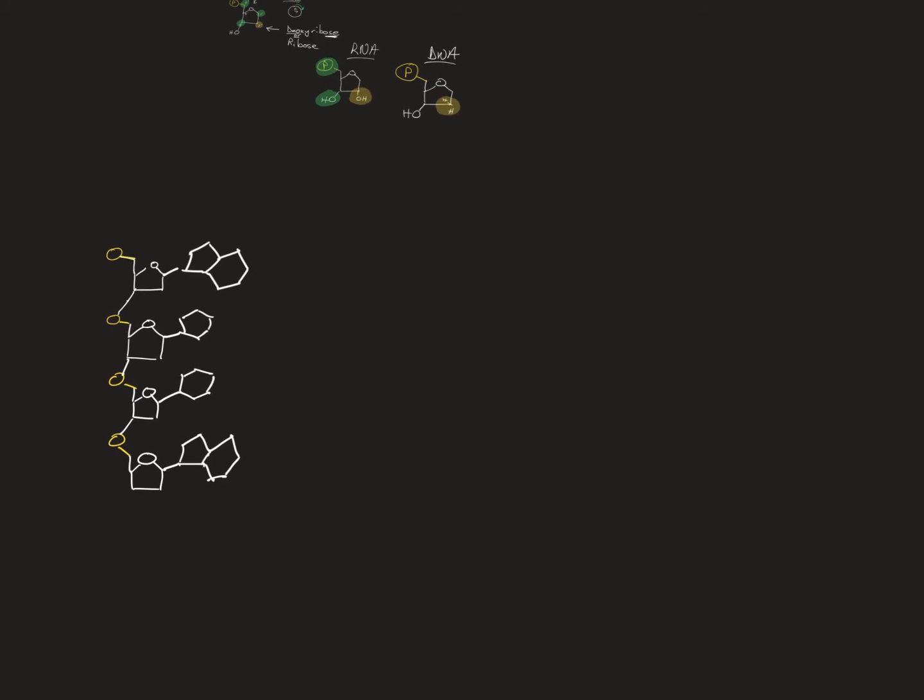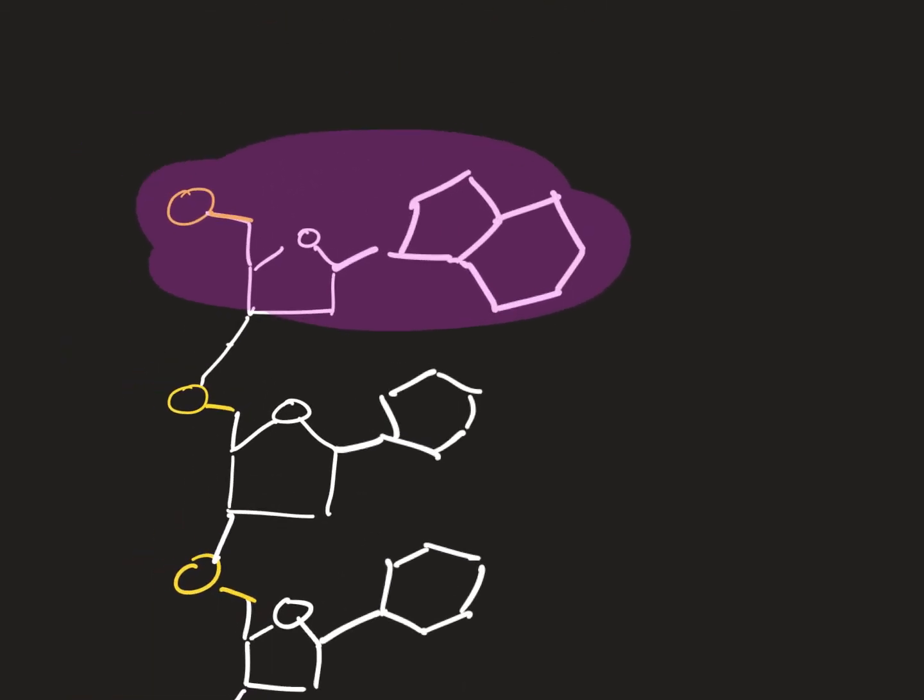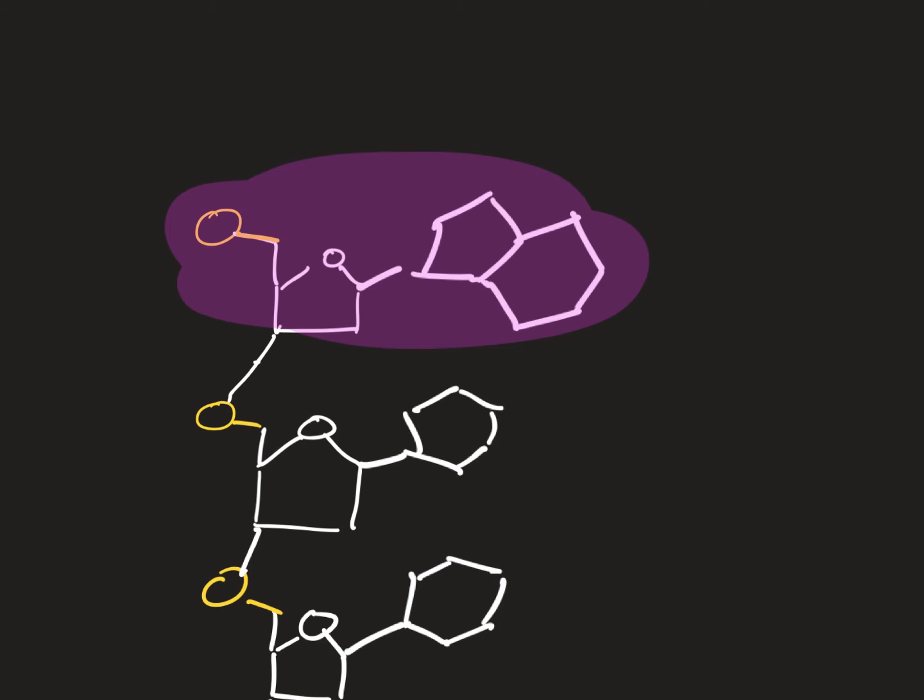So a nucleotide, let me choose a different color. We can define a nucleotide as being 3 parts. And I'll write it real small here. 3 parts. 1, a phosphate. 2, the ribose or deoxyribose.